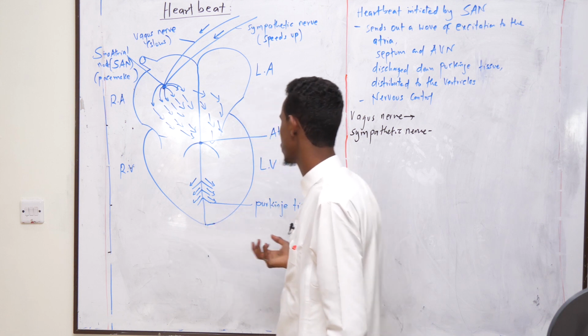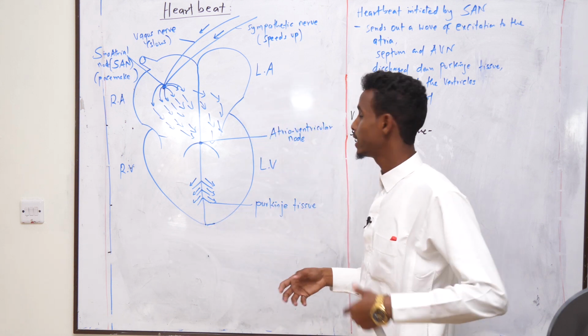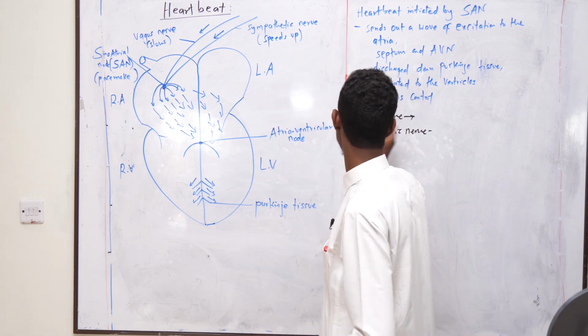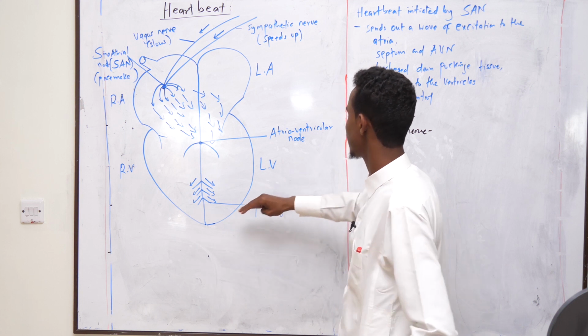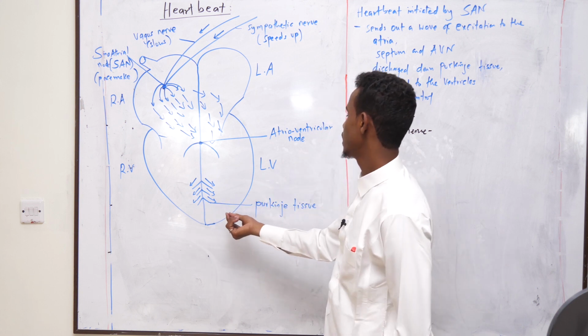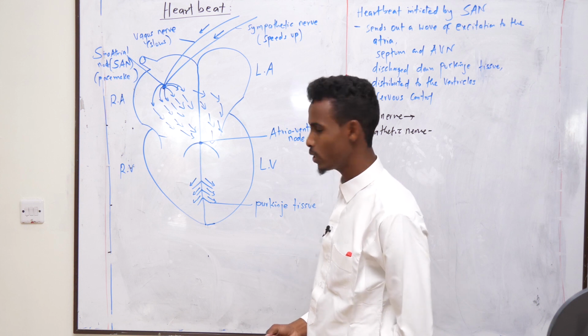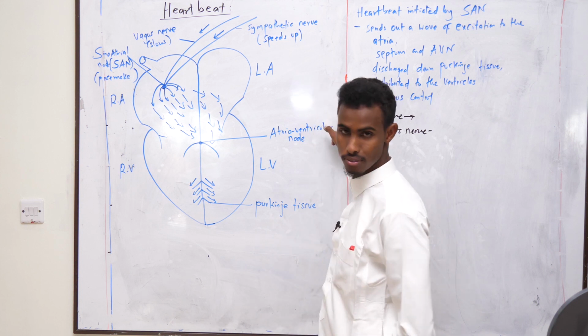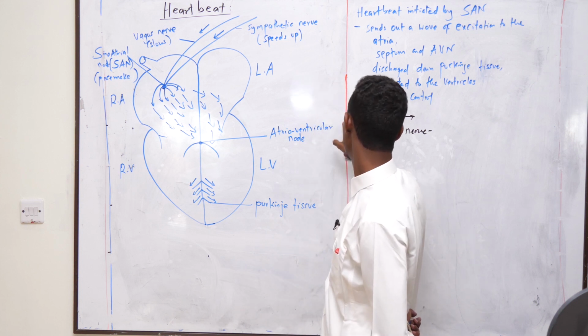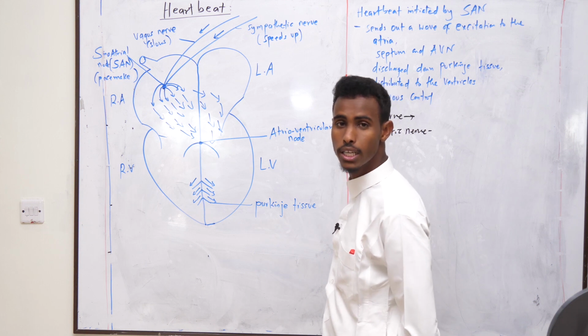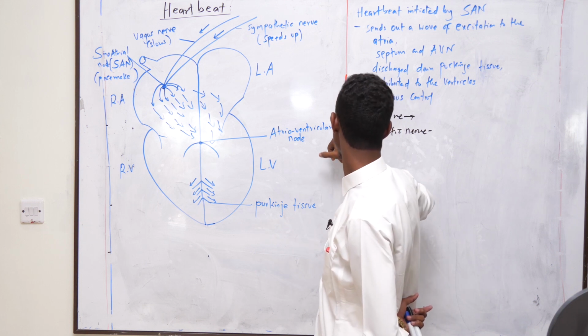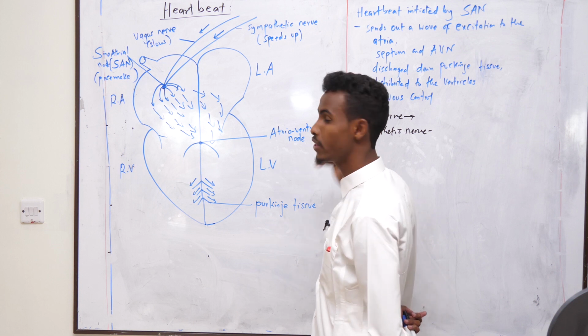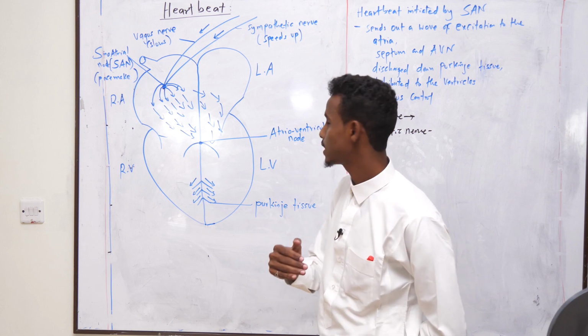And from there, we said that the rate of heartbeat is under nervous control. We have the two nerves, the vagus nerve and the sympathetic nerve. The vagus nerve slows down the rate of heartbeat, while the sympathetic nerve speeds up the rate of heartbeat.